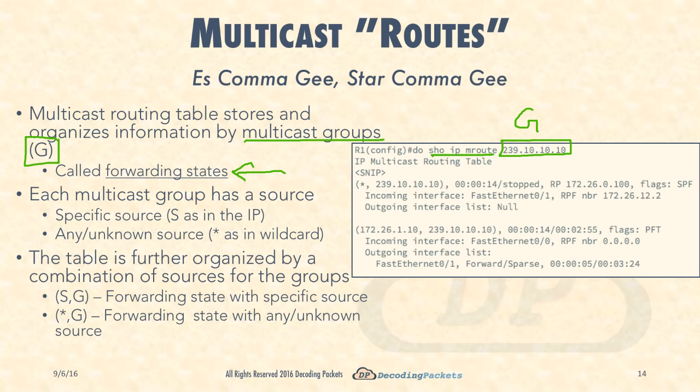What this really is, is that for every single multicast group, so every single stream or every single bunch of packets, the packets have to originate somewhere, and that somewhere is the source. So all of those packets start at a particular source, and that becomes the S in multicast parlance. If the group is G, then the source is S. Now with multicast, it's a little bit more detailed than this.